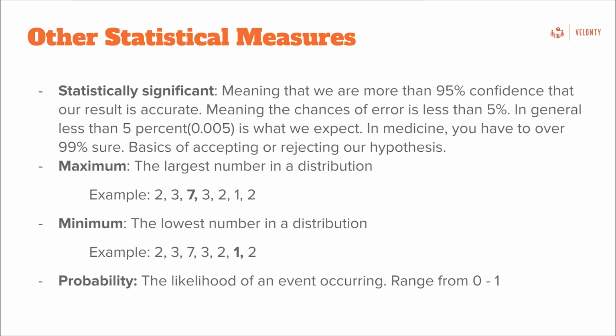With 95% confidence, at least 95 people have to respond positively to the drug. If fewer than 5% do not respond to the drug, then we are confident that this medication is great.